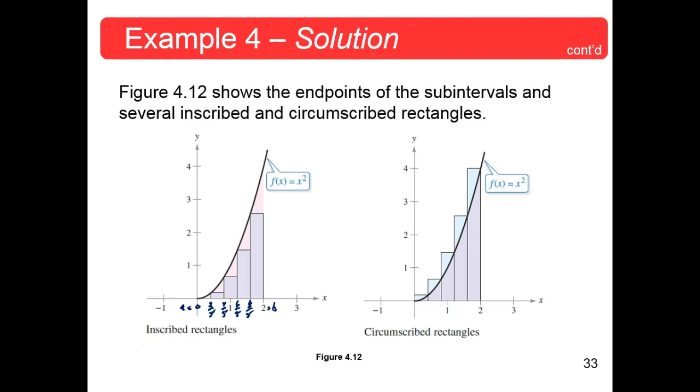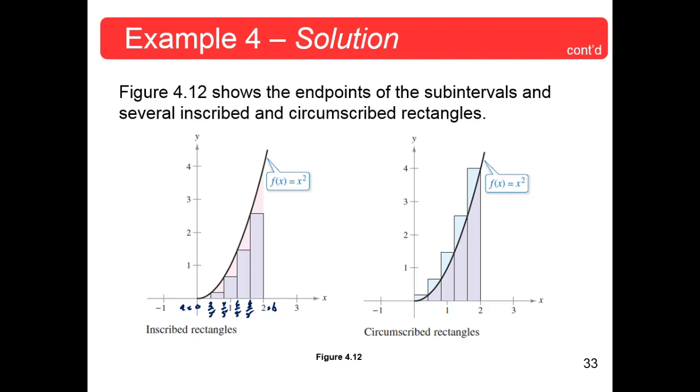For your circumscribed rectangles, you're going to take the higher of these two ends. So this will be 2/5 squared, which is 4/25, times 2/5, exactly what this one was here.